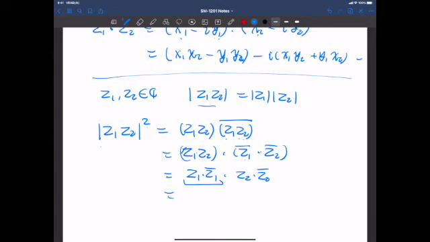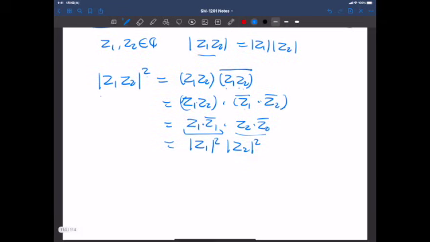But this part is the square of the modulus of z1, and this part is the square of the modulus of z2. Since the modulus is always positive, if we take the square root of both sides, we have the modulus of z1 z2 equal to the modulus of z1 times the modulus of z2. So that's the result.